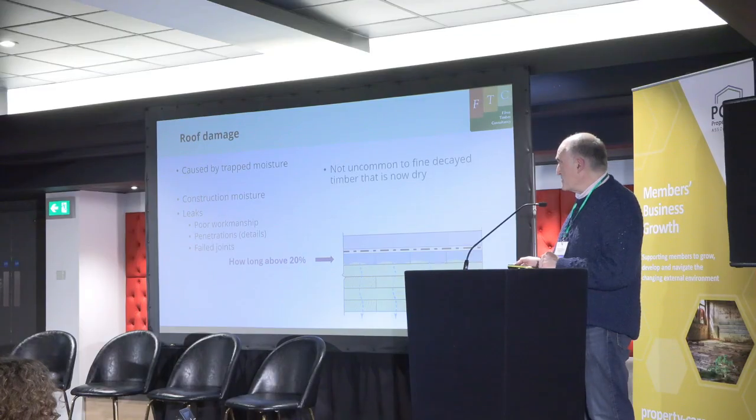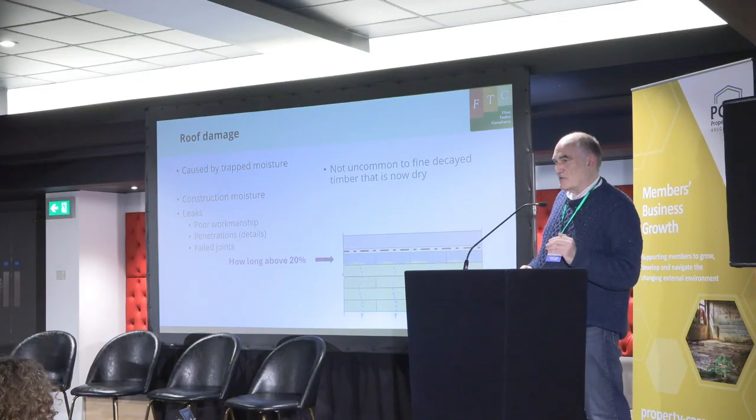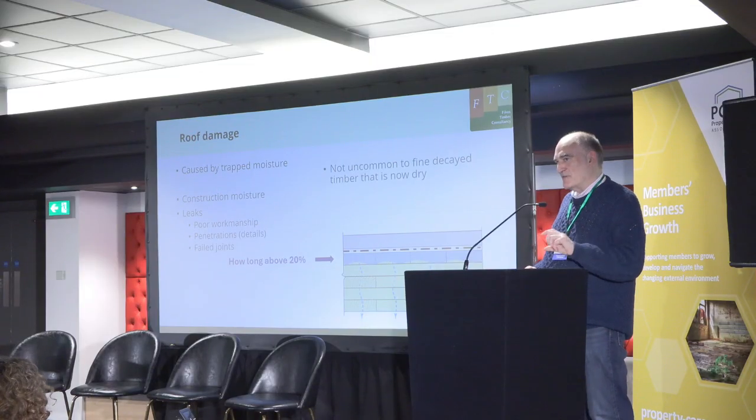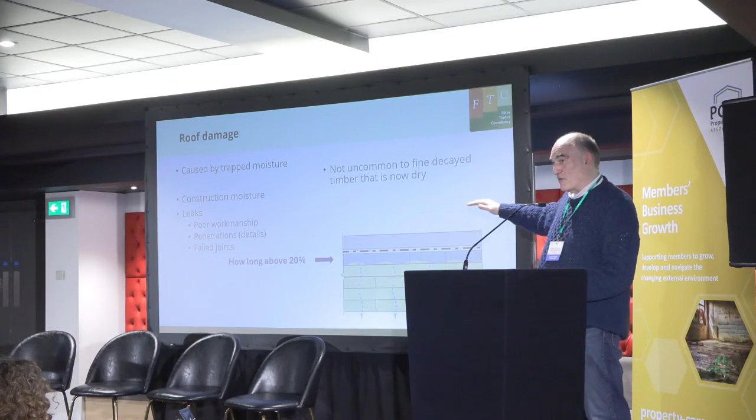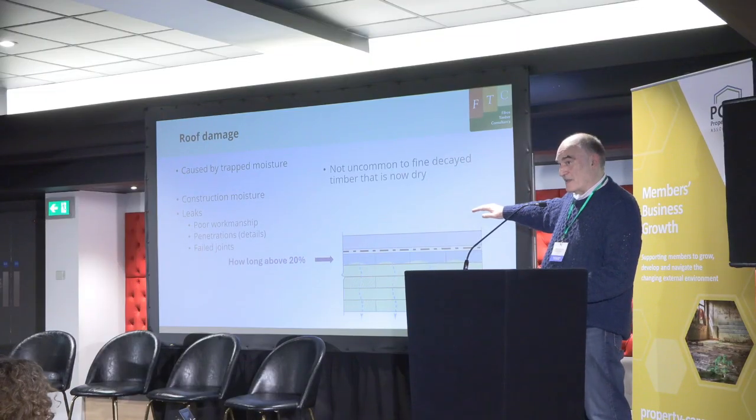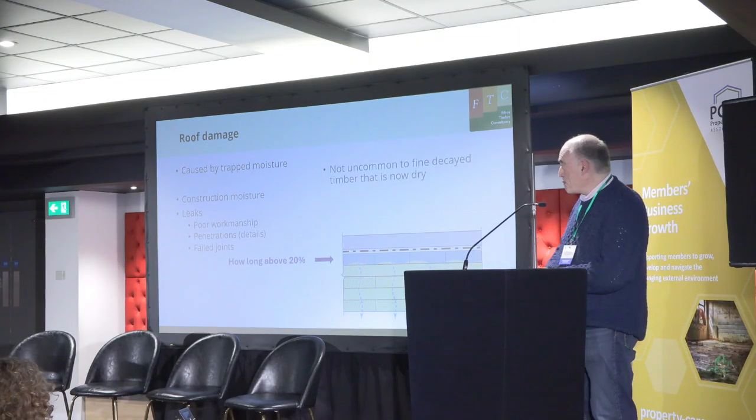I've inspected dozens of CLT roofs where the top one, and sometimes the top two laminates, is perfectly dry but totally decayed. It's just that it's taken that long to go from 20% to drying, simply because of that mass amount of timber.